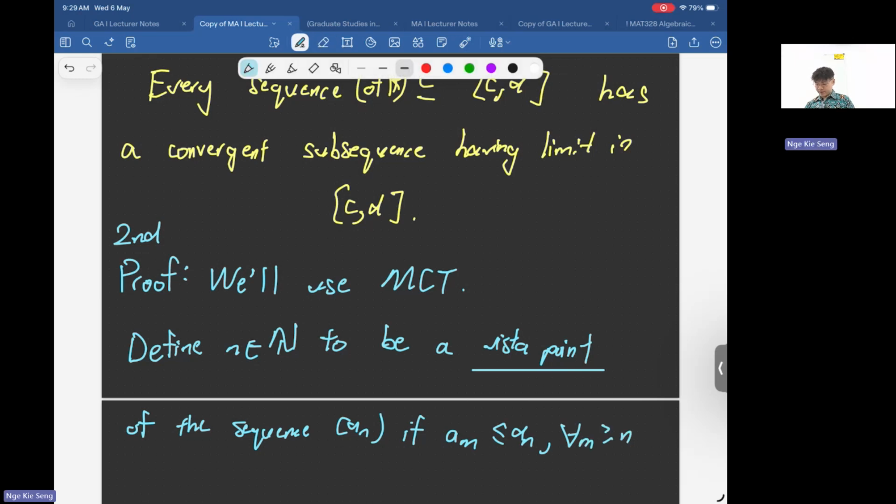So what does this mean? After this point, all the points beyond it will be smaller or equal. Do you know what a vista is? You can try and search what is vista. I think in Chinese it's called something like guang wan tai. You can try and search.